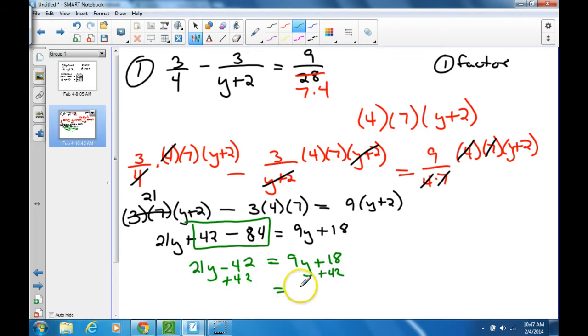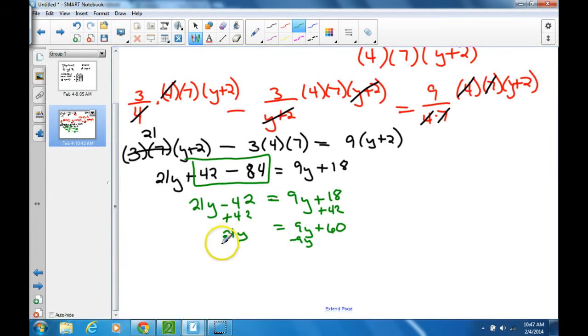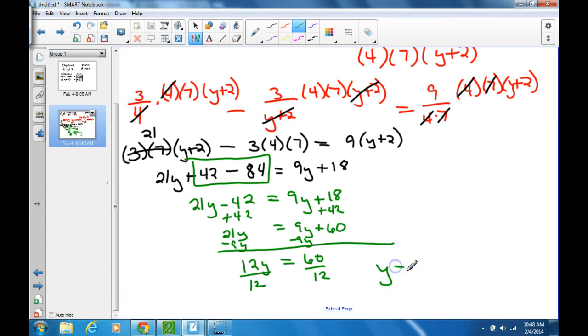Okay, and then you have 9y plus 60 and 21 over here. Now what? Minus 9y. I'm going to scroll this down a little. Minus 9y. So I have 12y equals 60. Yep. Divide by 12, so y is 5.